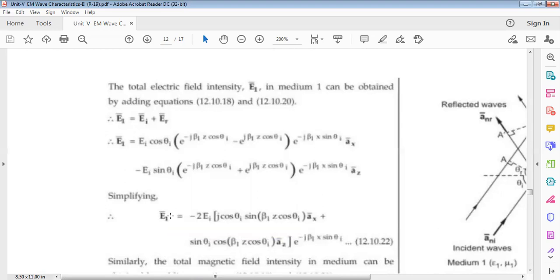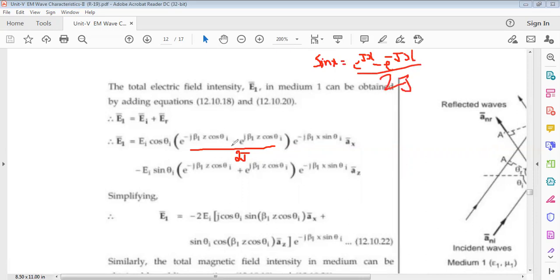Okay, cos theta I is there. We got the 2j in the denominator. When we write sin x, sin x is equal to e power jx minus e power minus jx by 2j.